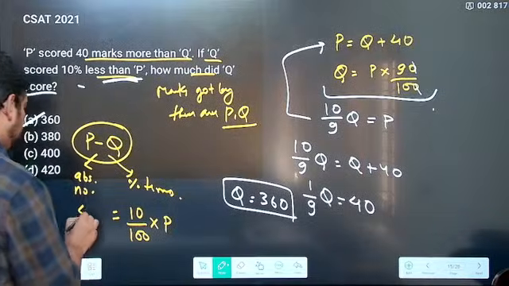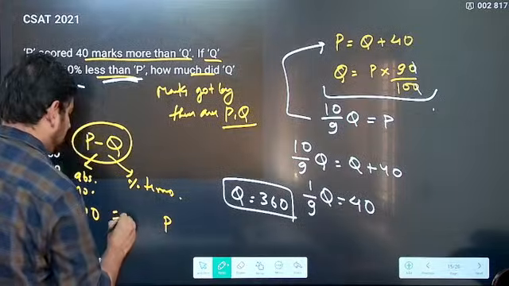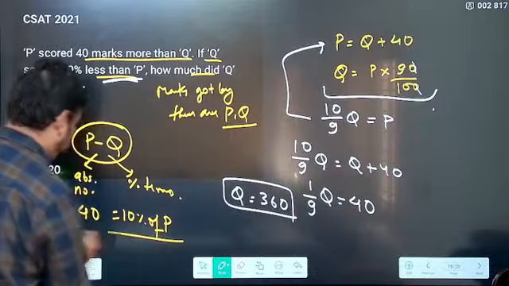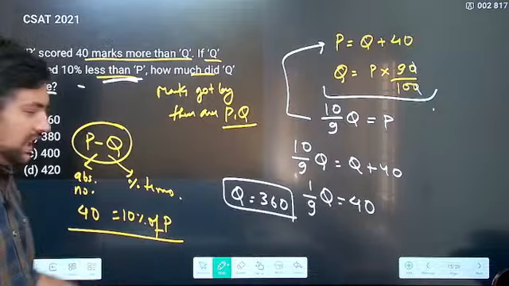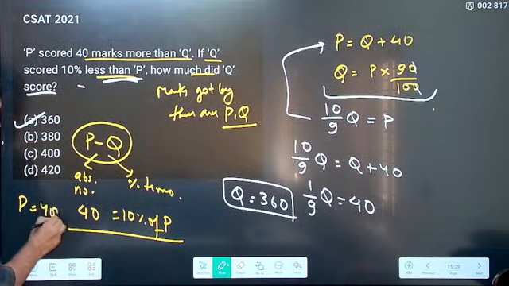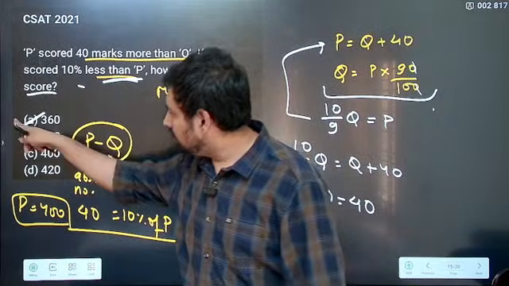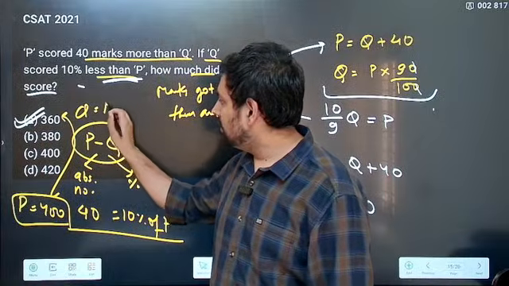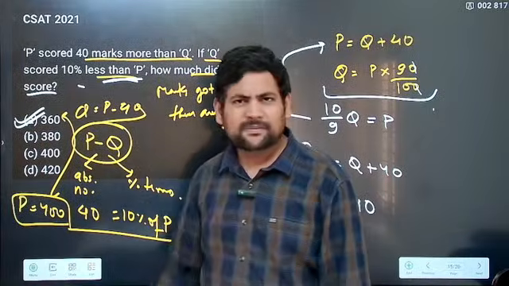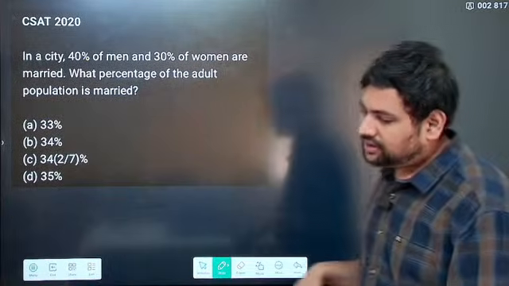The difference is 40. So if 10% of P is 40, then what is 100% of P? Just multiply by 10 on both sides. So P came out to be 400, and that is why Q is 40 less than this. So Q becomes 360. Q is equal to P minus 40. Understood? Many ways to do the same question. Then try to do this.